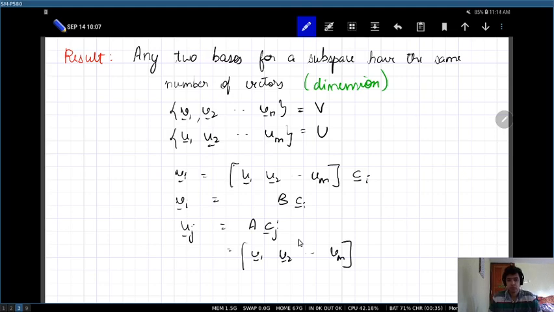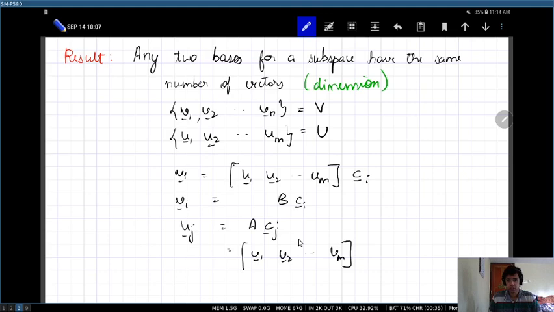So now, what do we know about the vi's and the uj's? We know that v1, v2, v3 up to vn forms a basis. So in particular, they span the space, and they're also linearly independent, right?